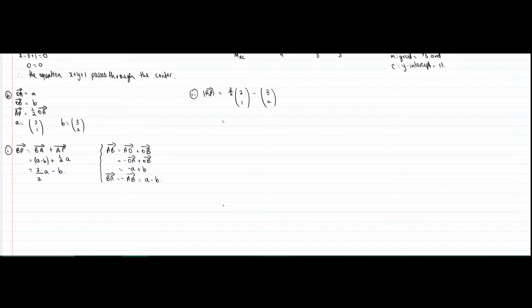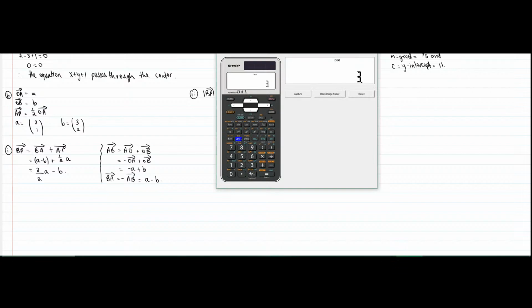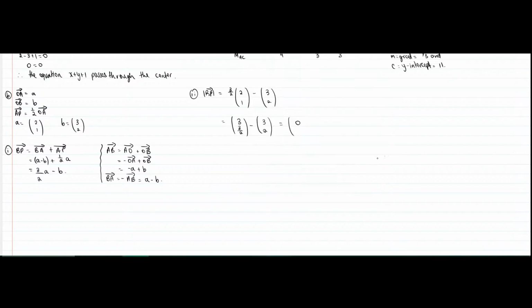So this becomes 3 over 2 multiplied by 2, that will be 3, and 3 over 2 take away 2. 3 minus 3 is 0. 3 over 2 take away 2 is equal to negative a half.